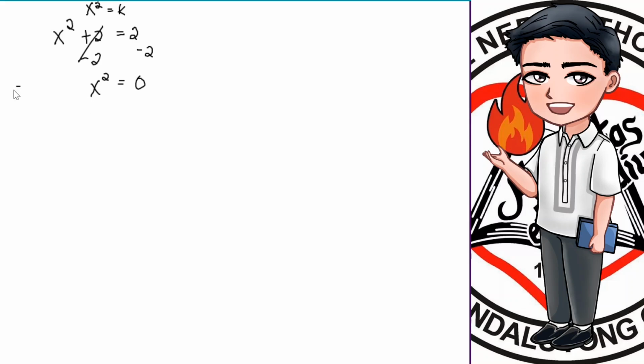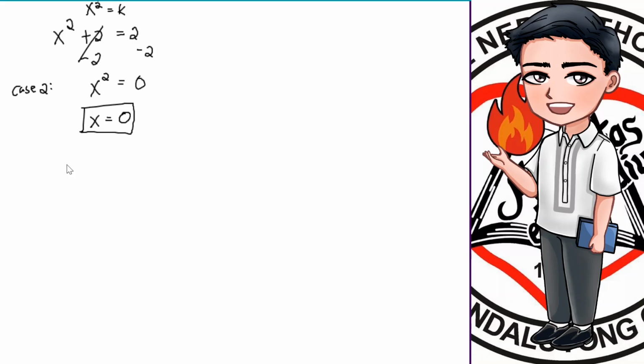So this is case 2, right? So k is 0. Therefore our solution, the value of x, is 0. It's automatic because it satisfies our case 2, which is k is equal to 0. Therefore our root is equal to 0.